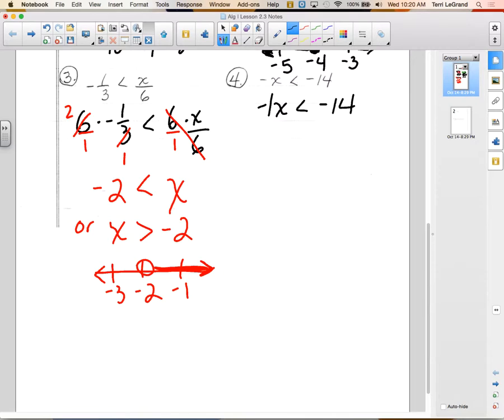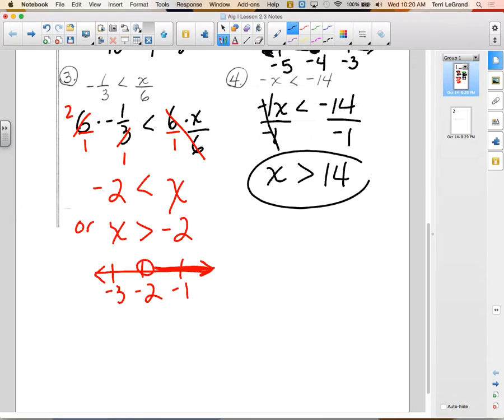We would divide by a negative 1. So these guys cancel. x is greater than, because we divided by a negative, and negative 14 divided by negative 1? Positive 14. There's our algebraic solution, and now all we have to do is graph it.